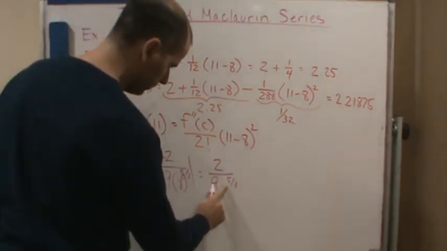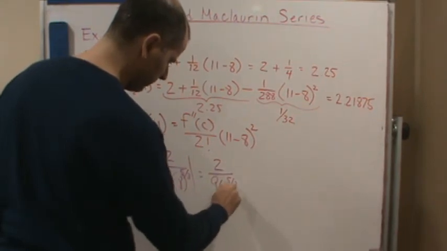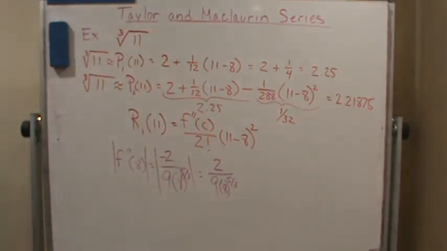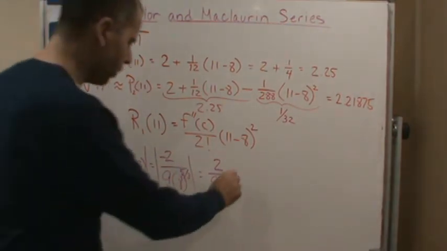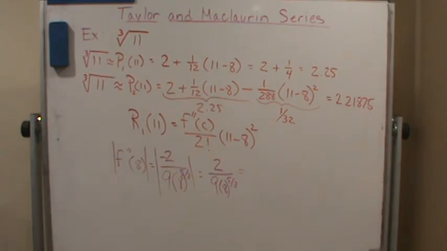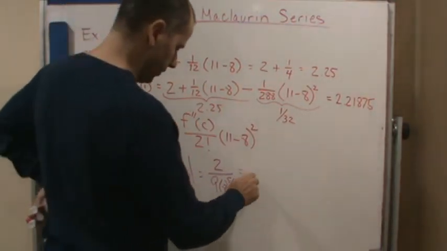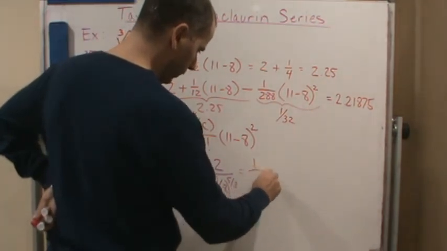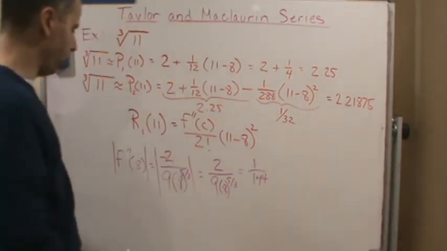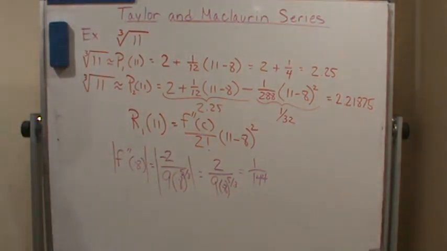So this is going to equal, what do we get? It's going to be 1 over, well, 1 over 144. We got this one before, so this is going to be 1 over 144.